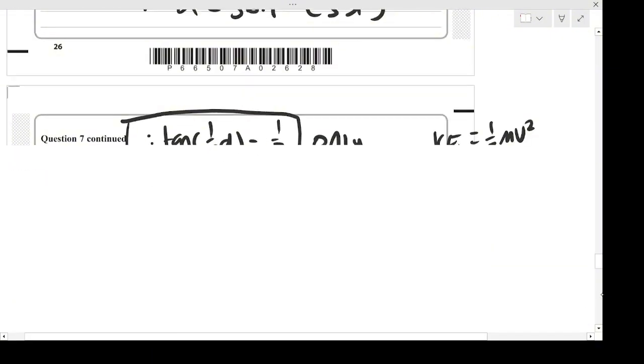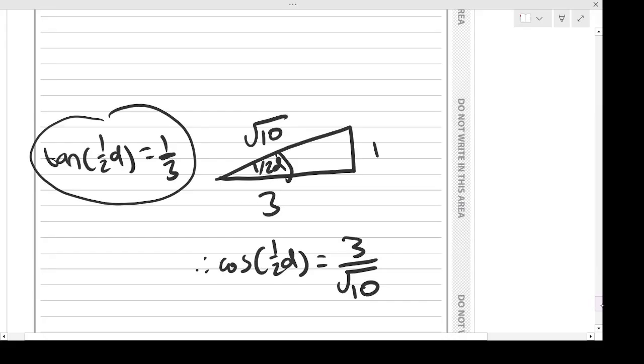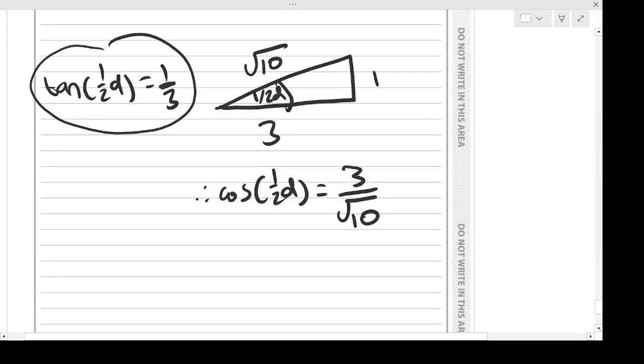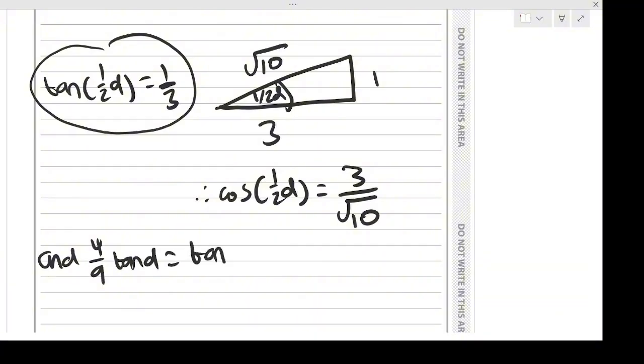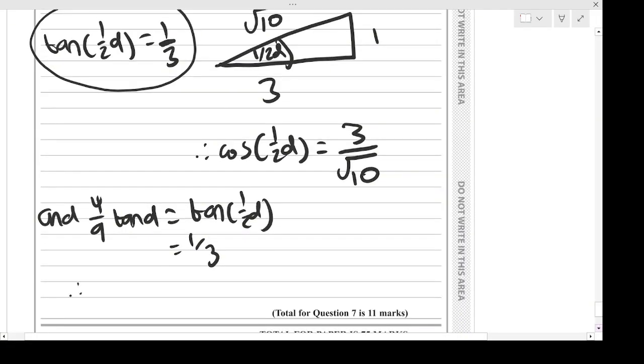So 4 over 9 tan alpha is tan of a half alpha, which is a third. If I just rearrange for tan alpha, so 4 over 9 tan alpha is a third, divide by 4 over 9, and we get 3 over 4, okay?